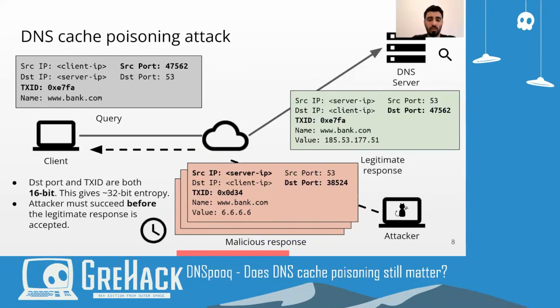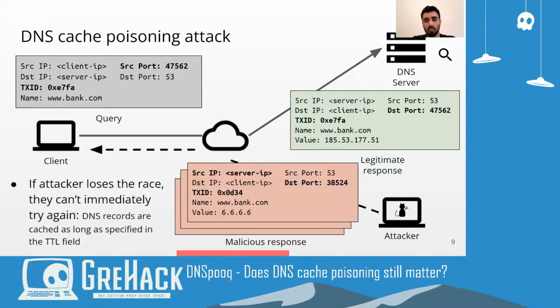And it needs to do all of this, that is, get the transaction ID and destination port right, within the short period of time before the legitimate response is sent back to the client. This is because when the authentic response arrives, the client caches this response and will not issue another query for the same domain name for a TTL amount of time.